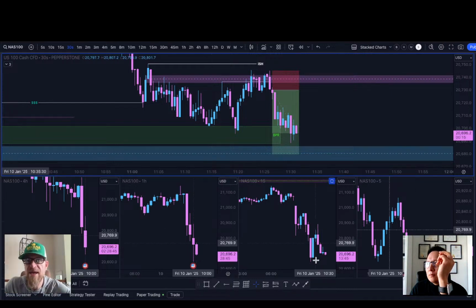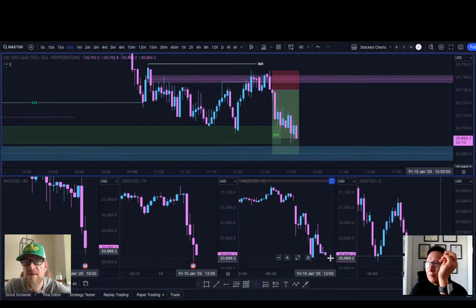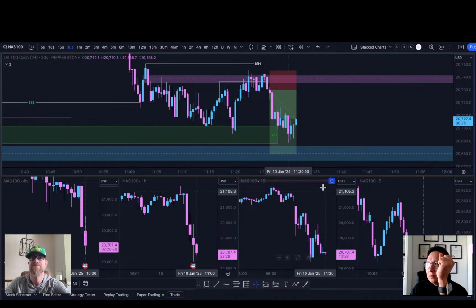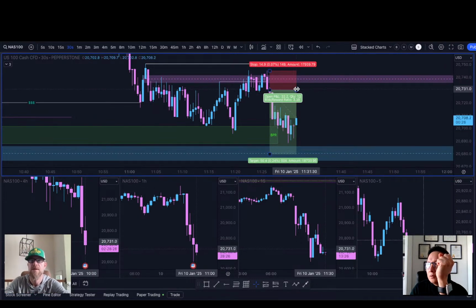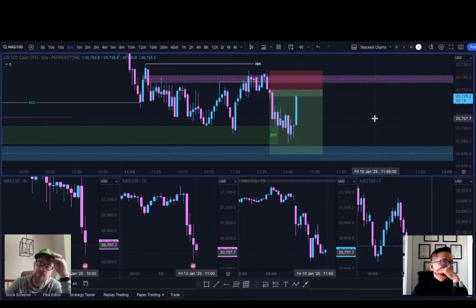If it came down and put a wick on this 15-minute candle, we held the origin, but that's asking a lot. Wow. Nice. Wow. Didn't expect that.